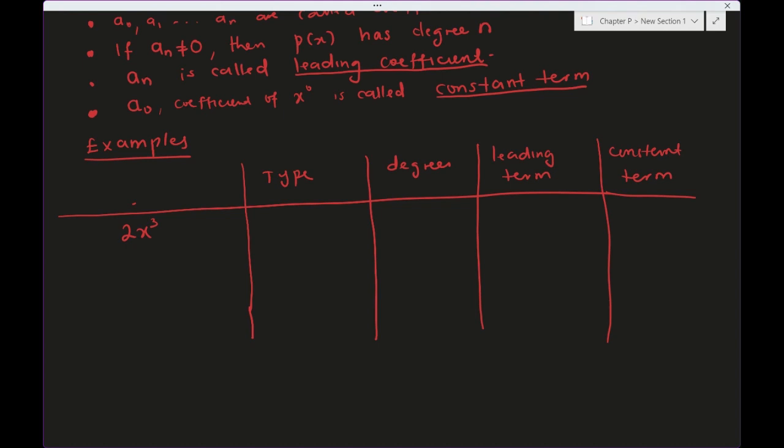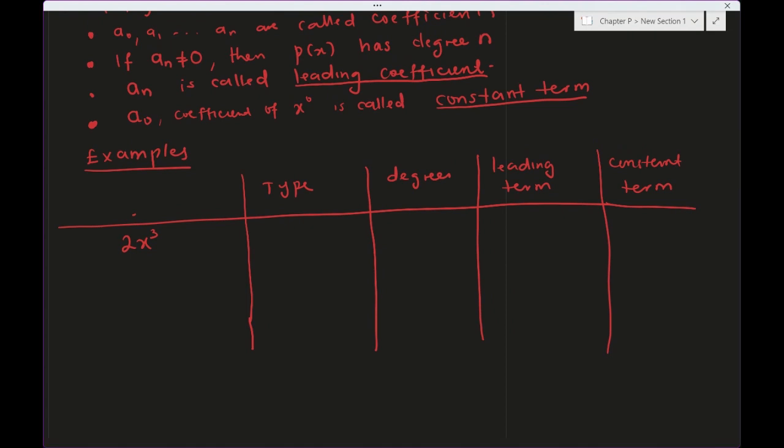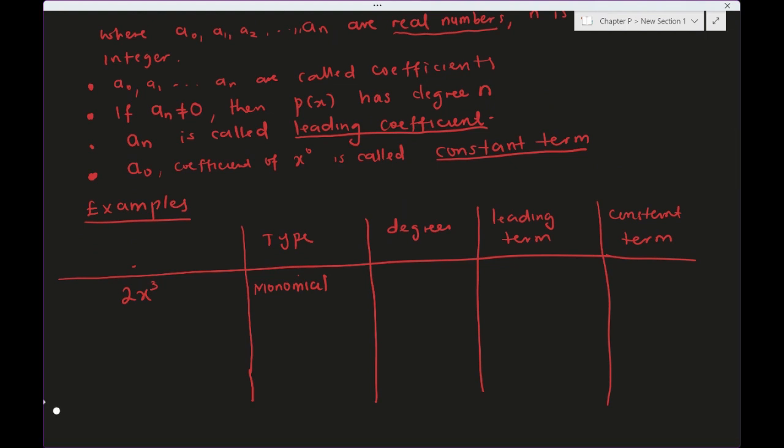If you look at 2x to power 3, this is a polynomial, but it has a special name because it has only one term. Because it has only one term, the special name is called monomial. Anytime you see a polynomial that has only one term, it has a special name called monomial. And why is this a polynomial? The highest power of x here is 3, and 3 is an integer.